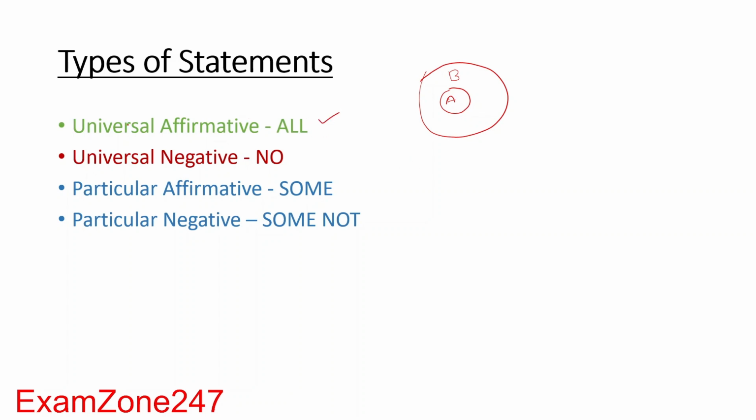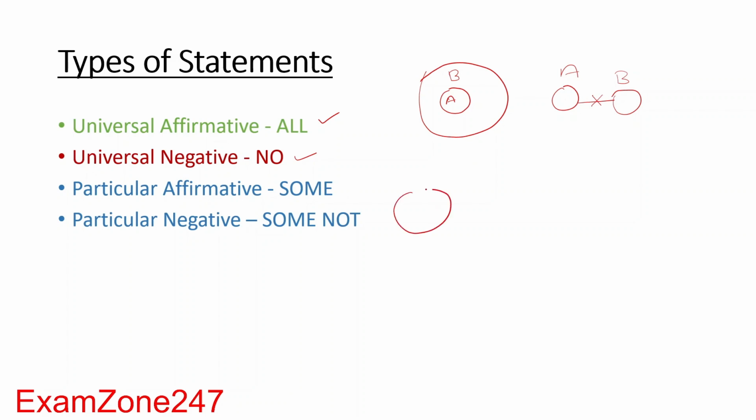Okay, the next one is universal negative, that is no. The no type of statement is fairly clear that there is absolutely no relationship between A and B, right? This is what you draw. The next is particular affirmative, that is some.